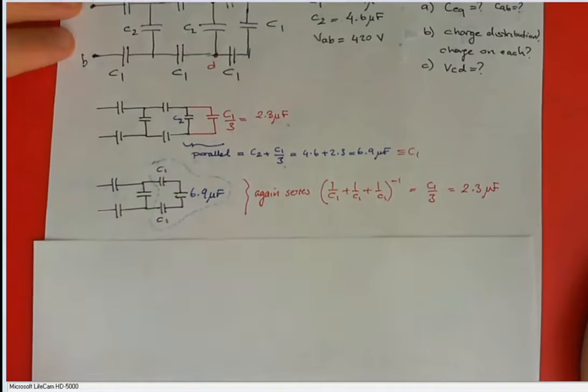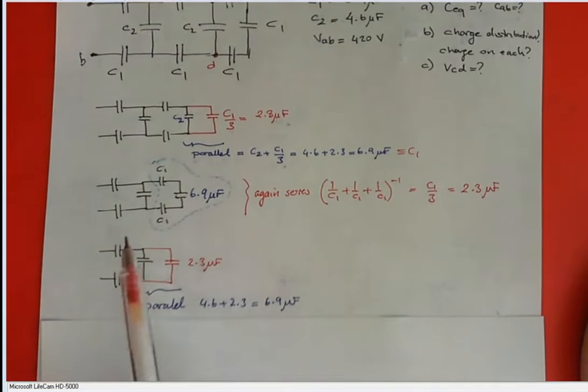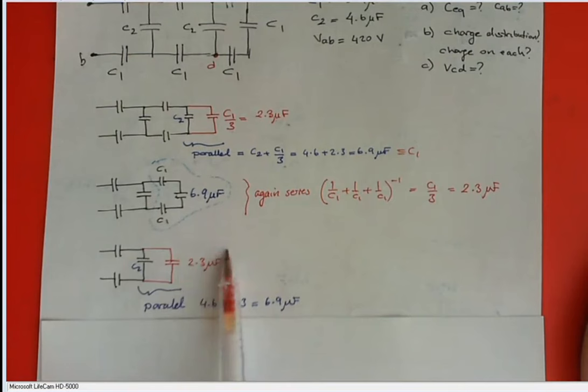All right. So next we move on, and we have the same picture again. These three will make up 2.3 because they are in series, right? 6.9 divided by 3. And these two will be in parallel, and again, if we add them up, we get 6.9.